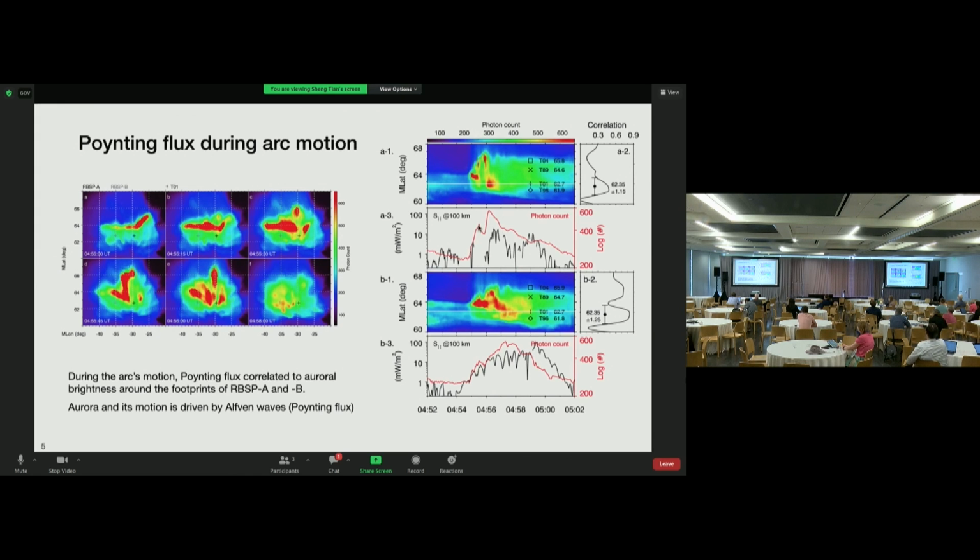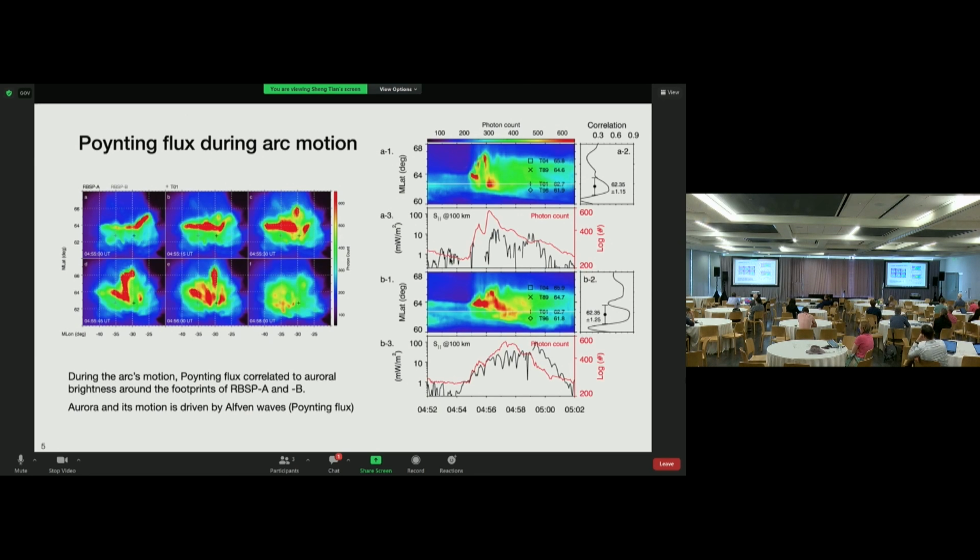On the right, I'm correlating the auroral brightness, in red, around the foot point, and the Poynting flux of the in situ measurement, as the black line. You can see at both RBSP-A and B foot points, we have a general correlation.